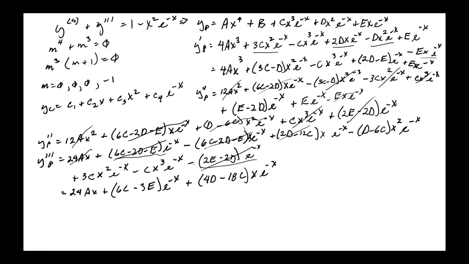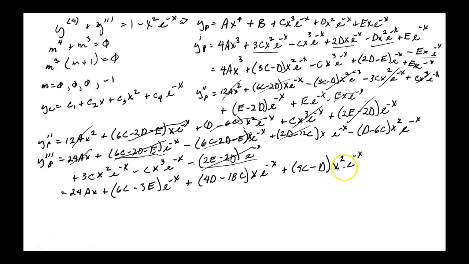Now, we've got an x squared here and an x squared there. So let's combine those two. Well, that's going to be a plus 6c, and this is a plus 3c. So we'll make this a plus 9c minus d x squared e to the minus x.